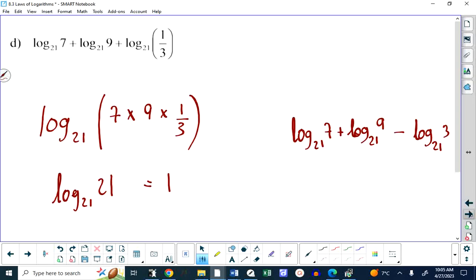That should make sense now, because 1/3 is 3 to the negative 1. I can move that negative in front and just write 3, in which case that 3 would go on the bottom. You'd have 7 times 9 over 3, which is the same result.